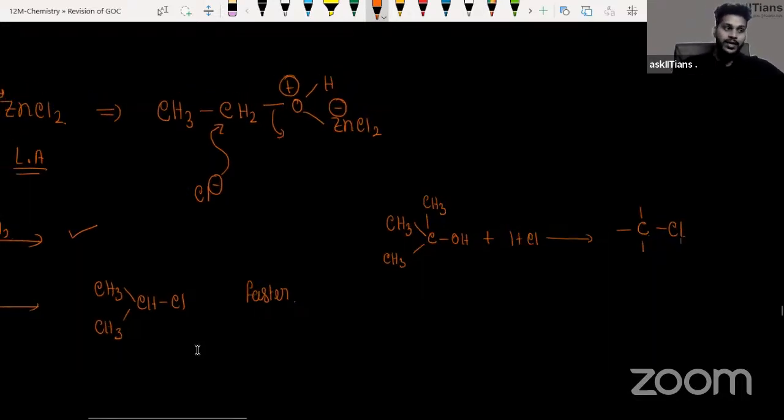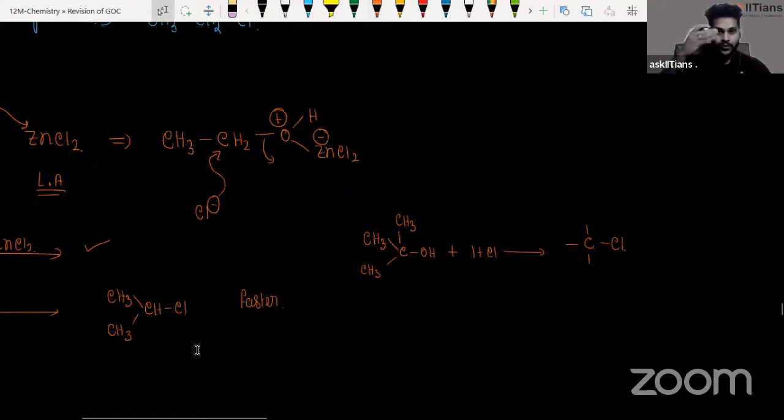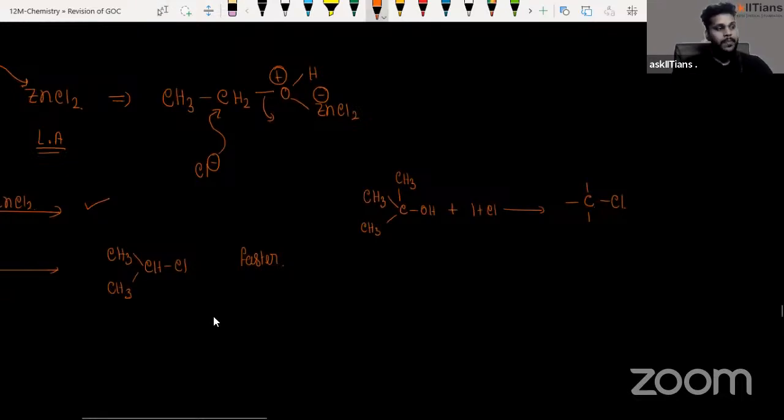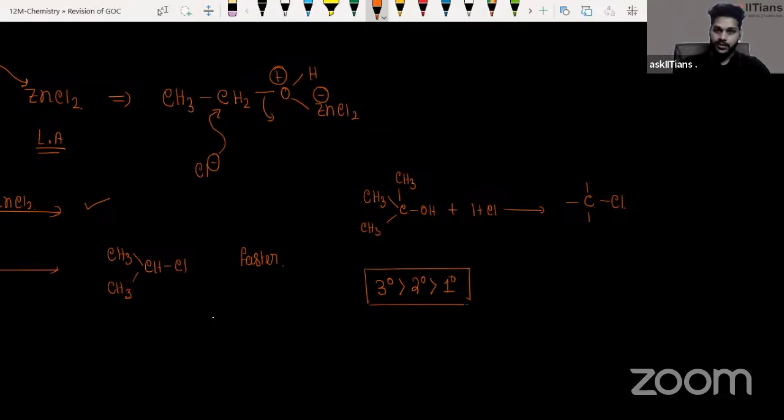This gives you the idea that the more you go from 1 degree to 3 degree, the use of the Lewis acid is not needed anymore. That means the reaction is getting faster and faster. So it's clearly understandable that 3 degree is the most reactive, then 2 degree, then 1 degree. This order, which is written in the NCERT, that 3-degree alcohols are the most reactive for Groves process, tells us that this reaction actually undergoes the SN1 mechanism.